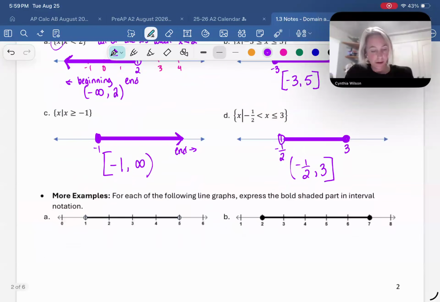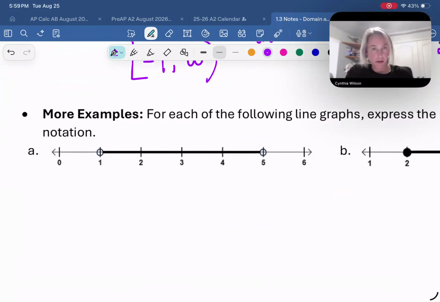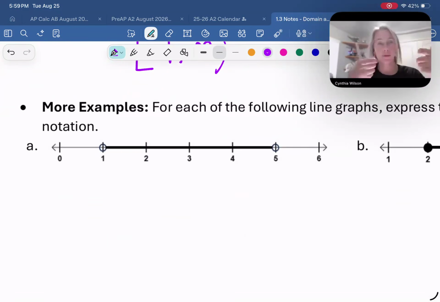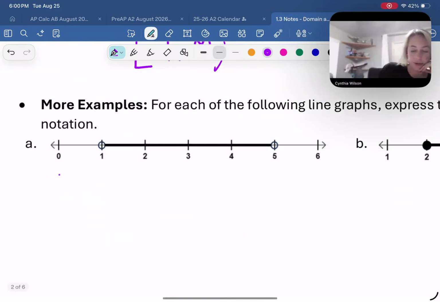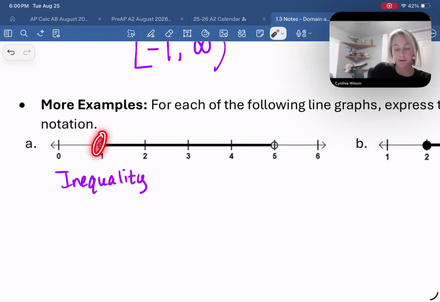Okay, so now obviously we're going to go a different direction. Now I'm giving you the number line and you have to do the other two. I'm going to start with the inequality notation. Can everyone see how I have those two and that line is connecting them?